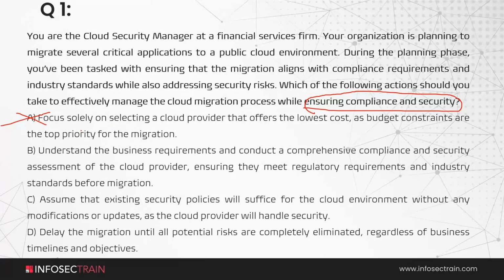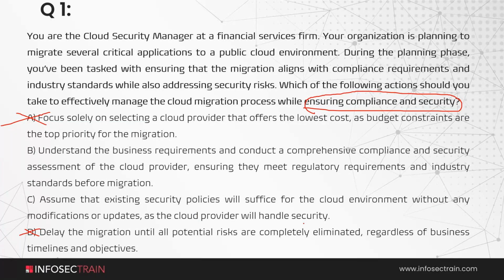Then if I go for D, delay the migration until all potential risks are eliminated. Team, can you completely eliminate risk? Is it possible for us to completely eliminate the risk? No. So D is out. Risk cannot be eliminated. Third one, C: assume that the existing security policy will suffice for the cloud environment without any modification or updates, as the CSP will handle the security.